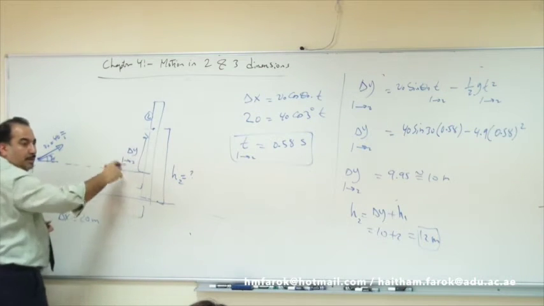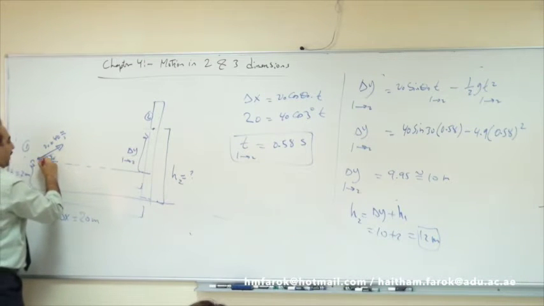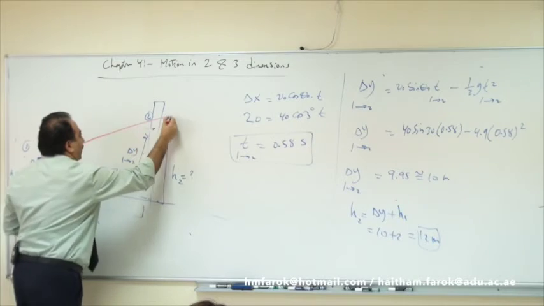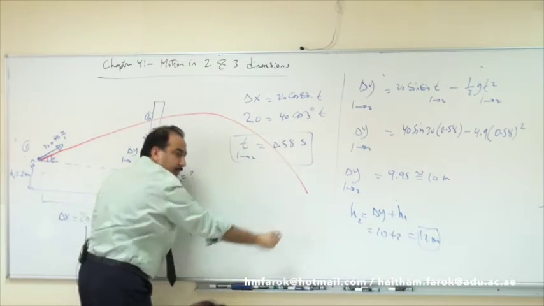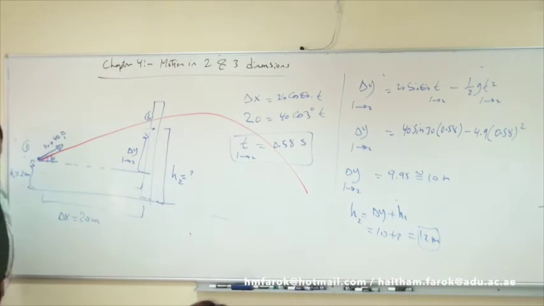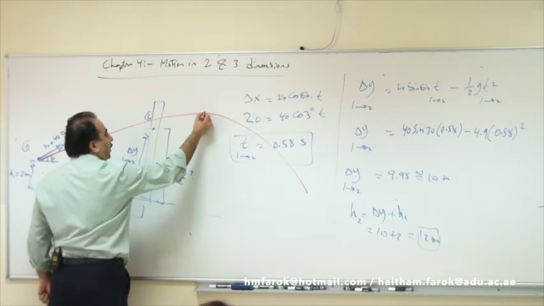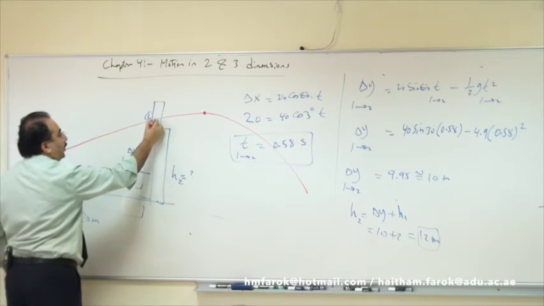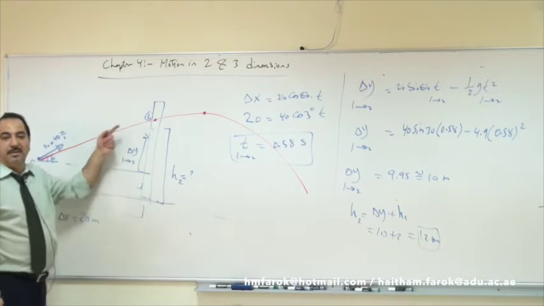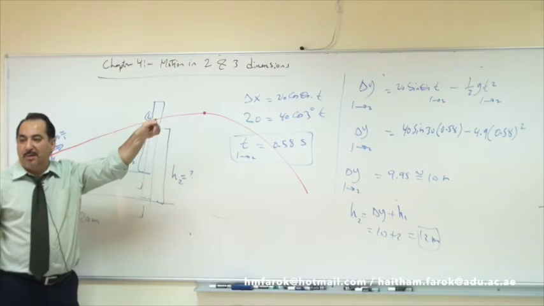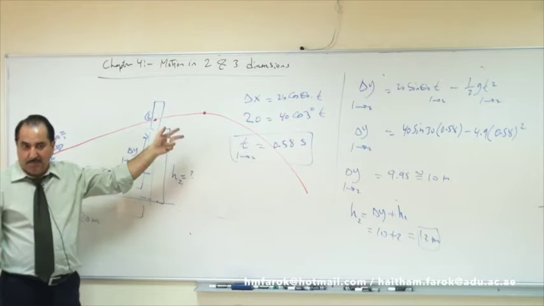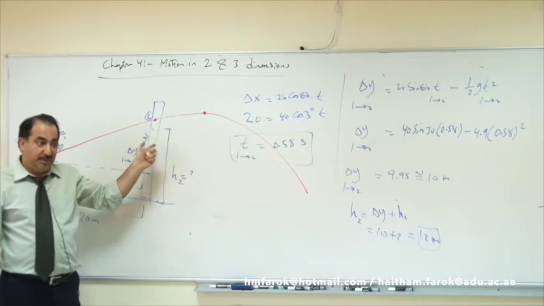Imagine there is no wall, and the projectile is doing its motion. There's no wall. Where is the maximum? So when it hits the wall here, is it on its way up or down? Up. But do you know this is the scenario here?